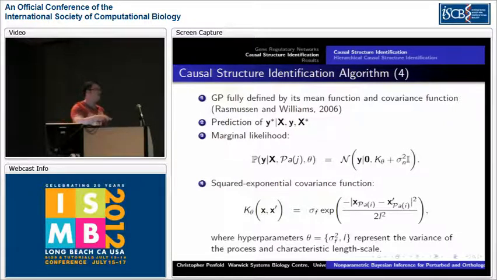And the other thing is that we can marginalize over the functions and just calculate the marginal likelihood for the observation, given the input and our latent variable, the parents. Now this is dependent upon the choice of covariance function, so you have to specify that. Generally, people tend to use the squared exponential covariance function. There are loads of covariance functions you can use, but this tends to be the most used one.